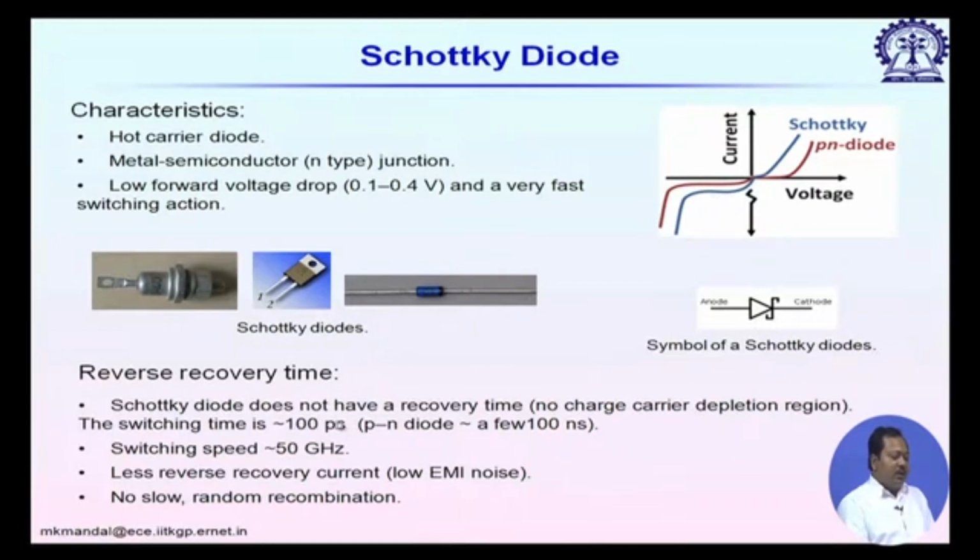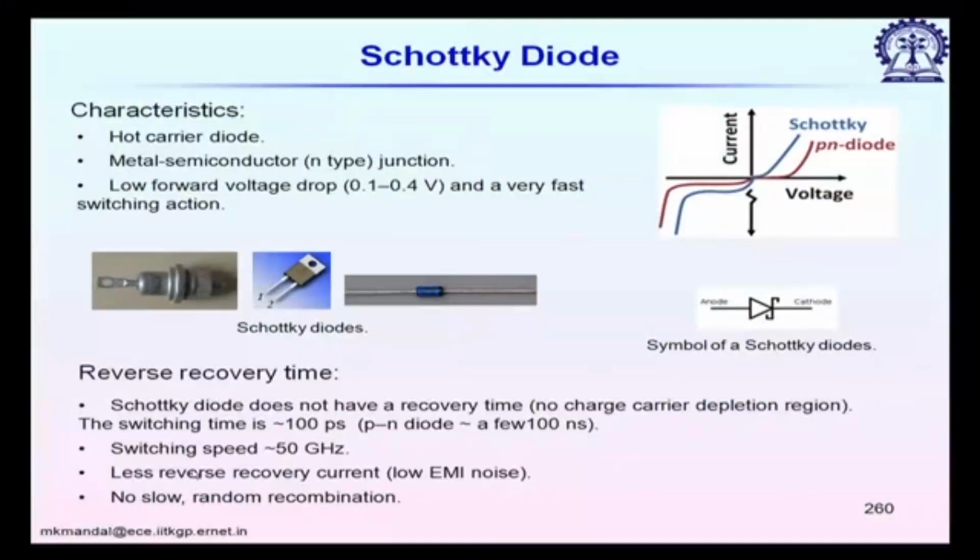Schottky diode does not have any recovery time theoretically, but due to the packaging effect and sometimes modification of the device, which is used to decrease the reverse saturation current or to increase the reverse breakdown voltage, it is associated with some capacitance.